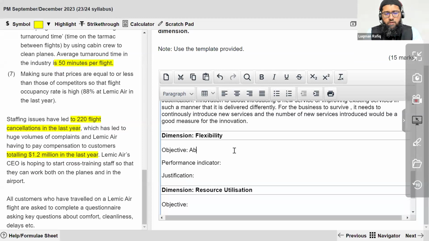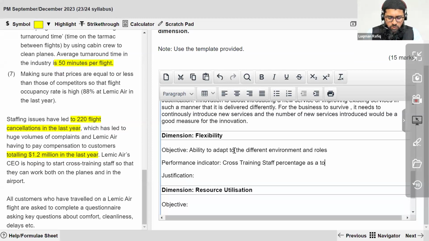The ability to adapt to the differing environment and roles. Cross-training staff percentage, as a percentage of total staff.